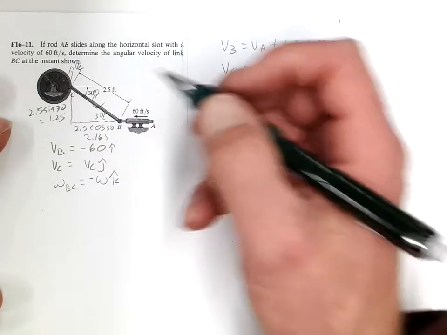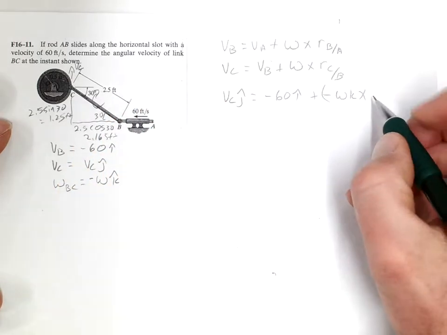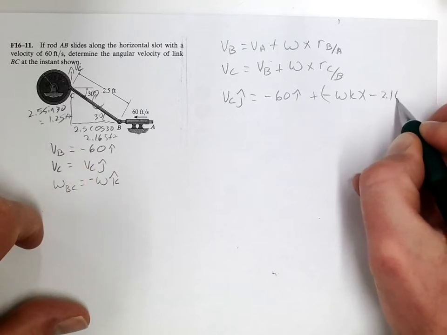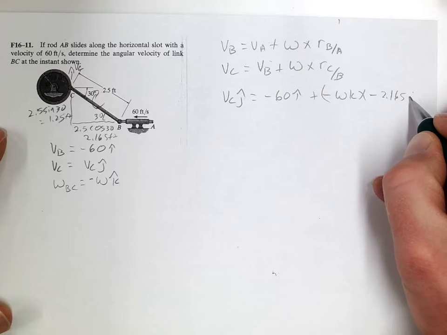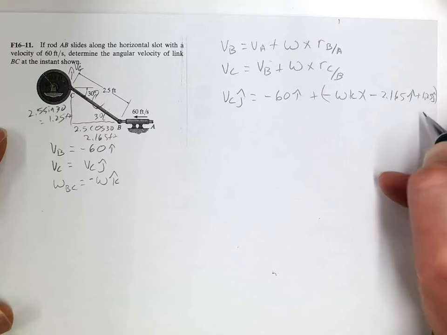And that's feet on both of those. So this is crossed with negative 2.165 in the I direction, and 1.25 in the J direction.